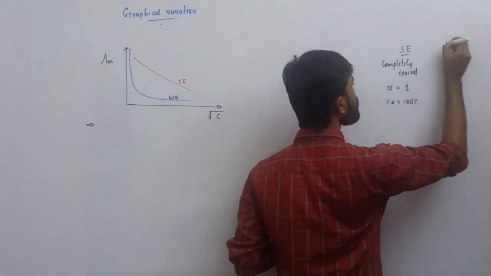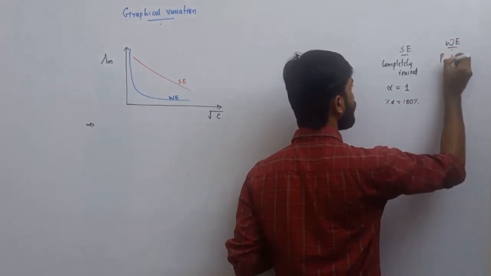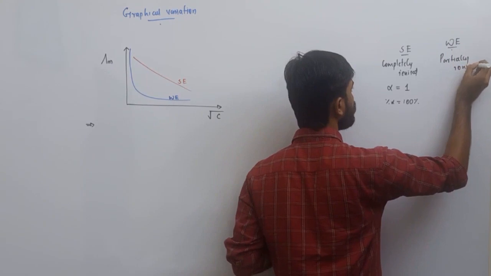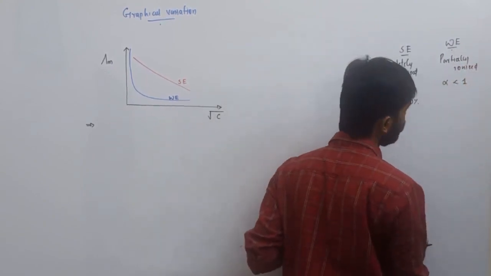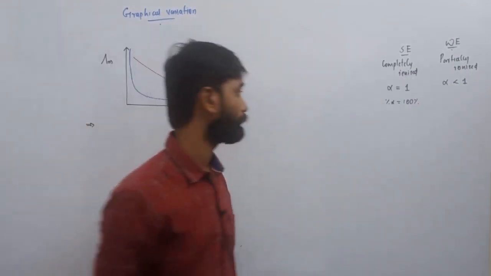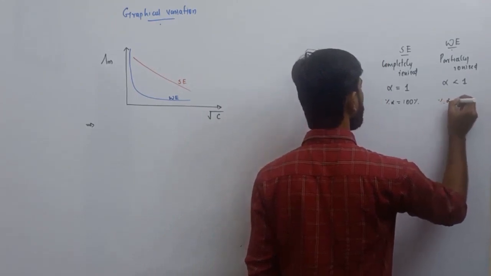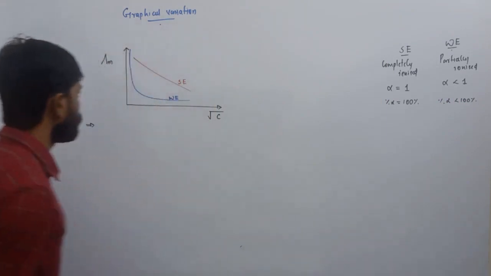Whereas a weak electrolyte is one which is partially ionized, which means the degree of ionization is less than 1, because the number ionized is always less than the total. The percentage of ionization is automatically less than 100%. This is the difference between these two.